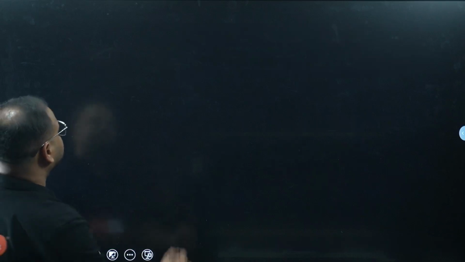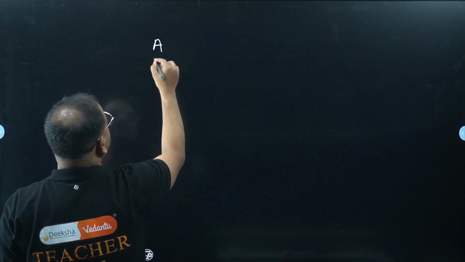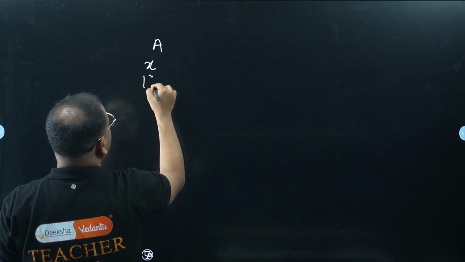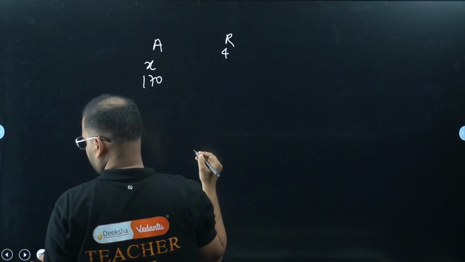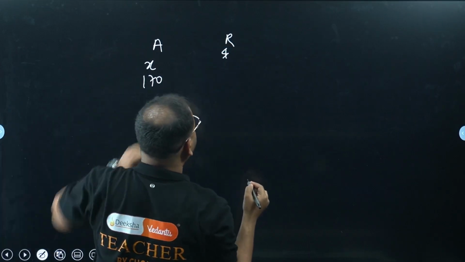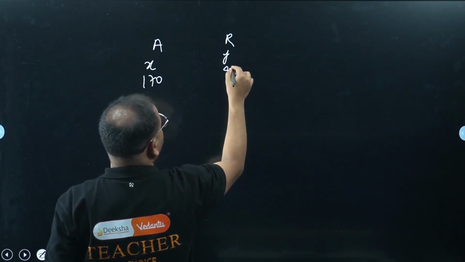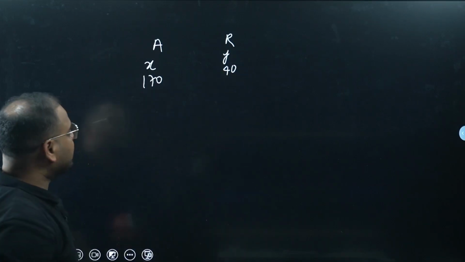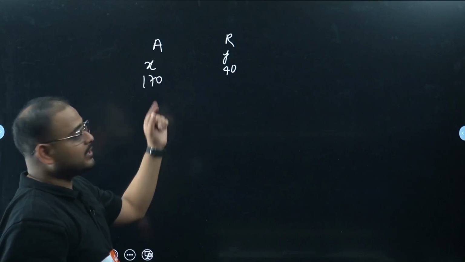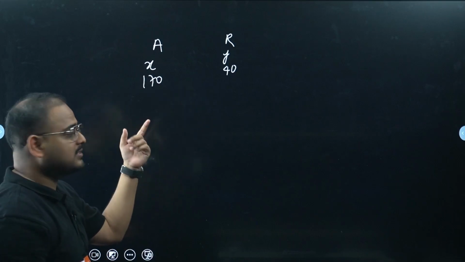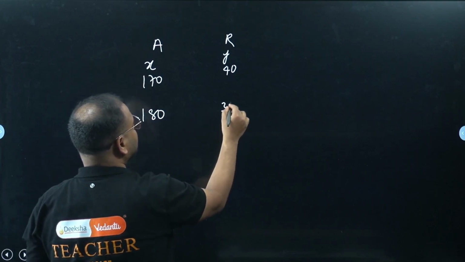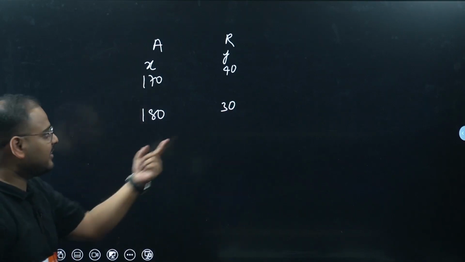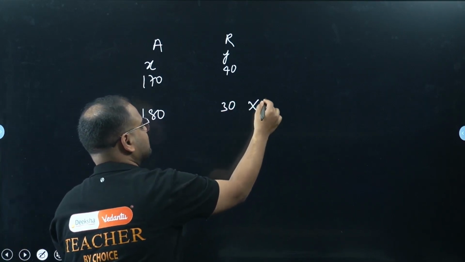Let's compare. Akash has x rupees, which is 170. Rutu has y, 40 rupees. Sorry, I forgot to write the variable. Check it out. What did he say? If you give me 10 rupees, this will become 180, and this will become 30. Isn't he right? 30 times 6 is 180.